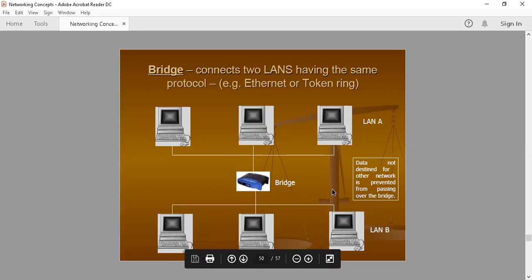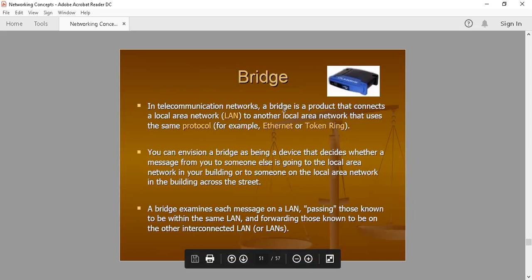Whatever communication there is between LAN A and LAN B will be passed through the bridge. A bridge examines each message on a LAN, passing those known to be on the same LAN and forwarding those known to be on other interconnected LANs.